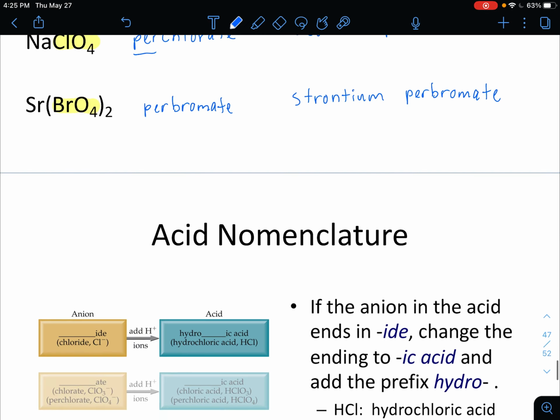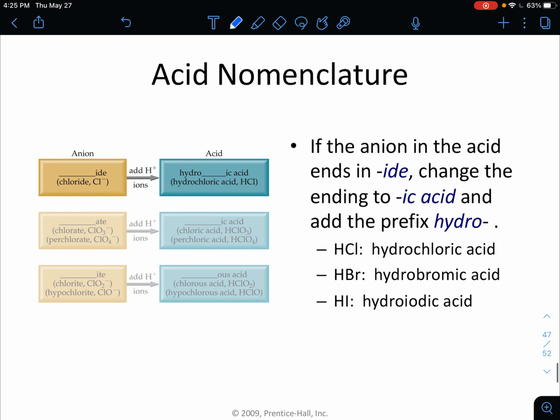Okay, so that's the next rule. Now we're going to start to talk about acids. And so whenever we're talking about an acid, that means we're referring to a molecule that has H plus as its cation, but also to officially get the name acid, the molecule needs to be neutral overall.